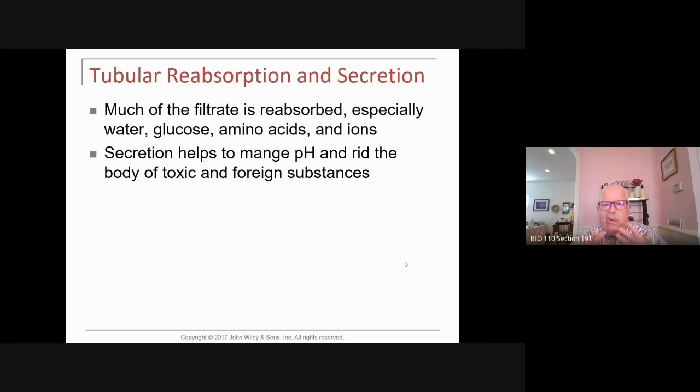It's things that are wasteful. That word should be managed. How do you manage your pH? You get rid of acid. Not only do you get rid of acid, you retain base. And we'll talk about acid-base balance on Thursday. Okay?